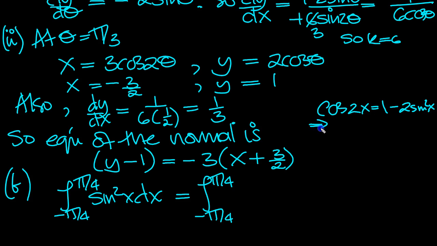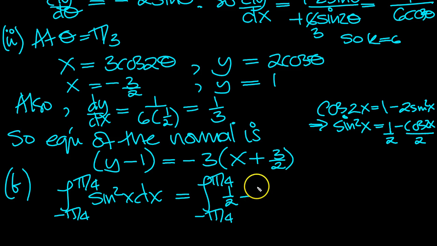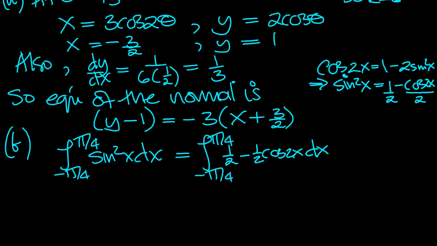So that tells us that sine squared x will equal, moving this over there, 1 minus cosine 2x, but you've got 2 sine squared, so take the 2 from times down to divide. So that's what we put in here, a half minus a half cosine 2x dx.